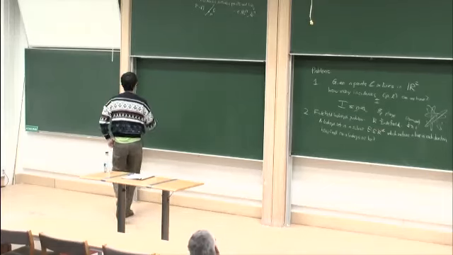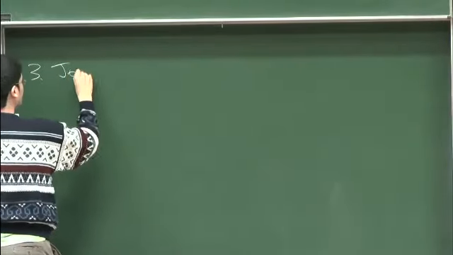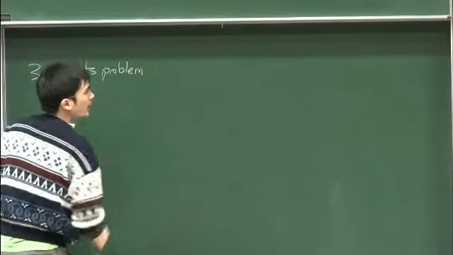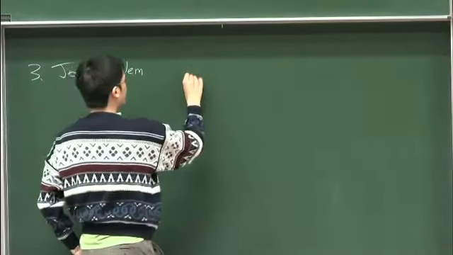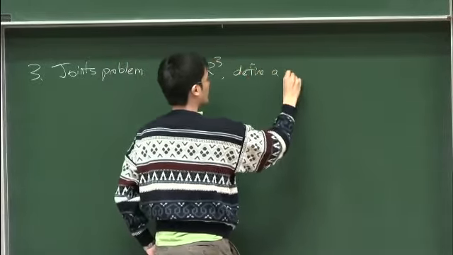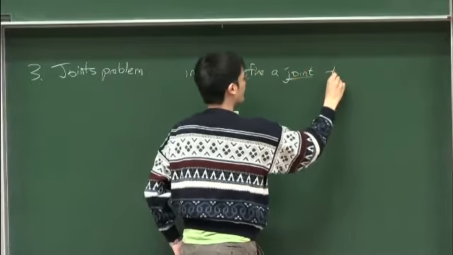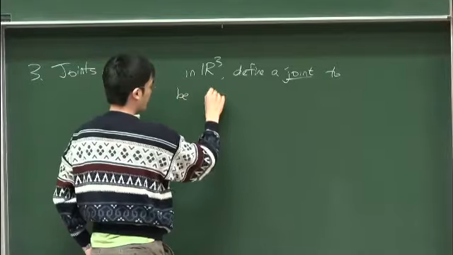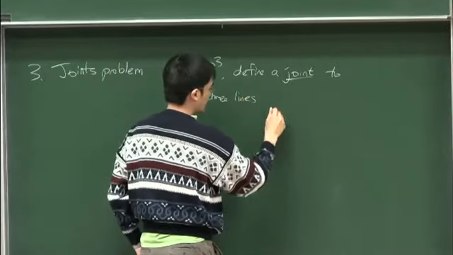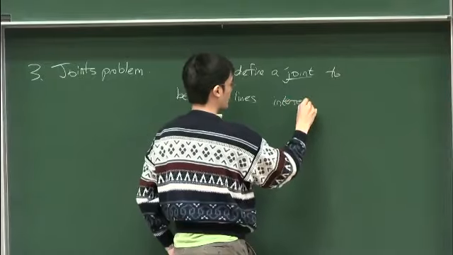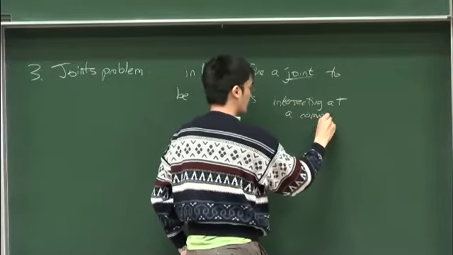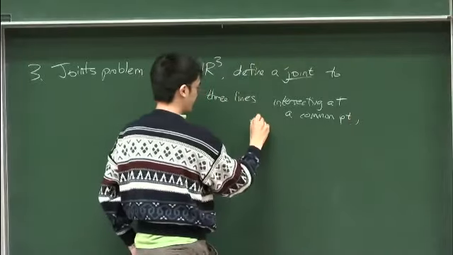The third problem is the joints problem, posed by Sharir. So now we're in R3. Okay, define a joint to be three lines intersecting at a common point that are not coplanar.